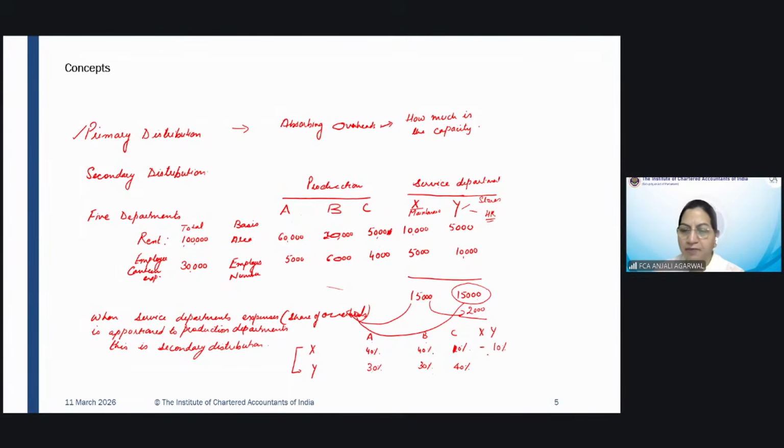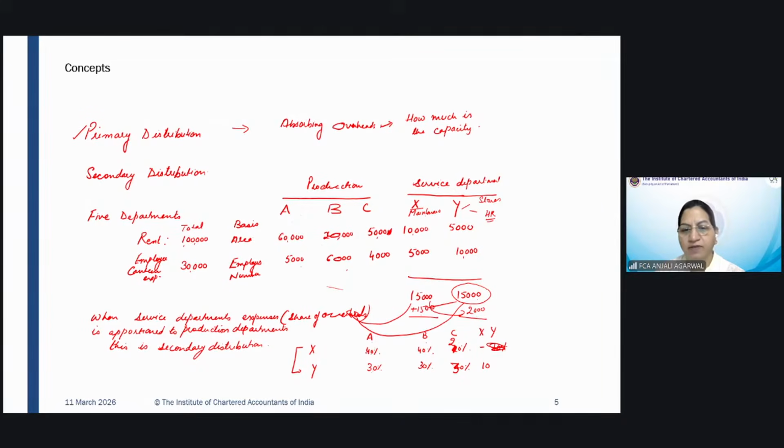And similarly, had it been that the benefit of X is going to only ABC because X being maintenance department, and the benefit of Y going to A, B, C, and X. So in that case, remember, first distribute Y. So when you will distribute 15,000 to A, B, C, 4,500, 4,500, 4,500, and 10%, 1,500 will go to X. So the total of X will not be 15,000, but it will be 16,500.